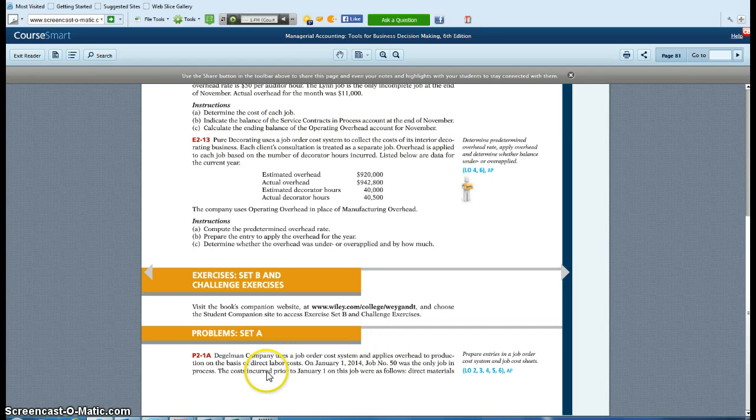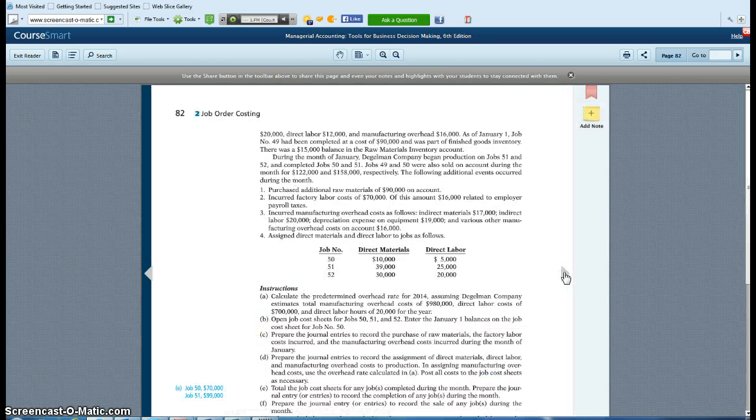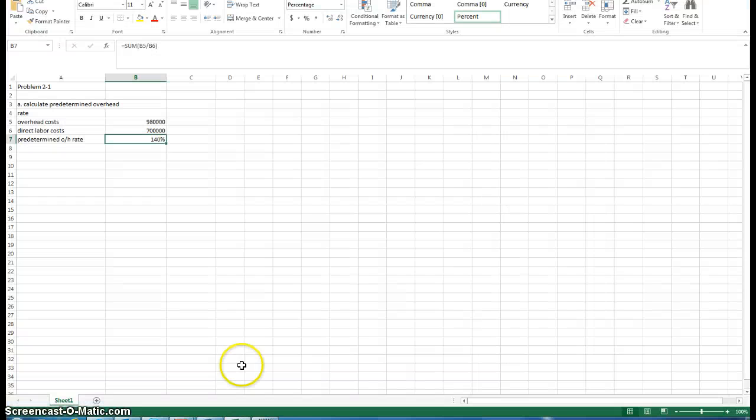The costs incurred prior to January 1st on this job were as follows. It tells us the cost showed $20,000 in direct materials, $12,000 in direct labor. Manufacturing overhead costs were $16,000. So it started the period with that amount.